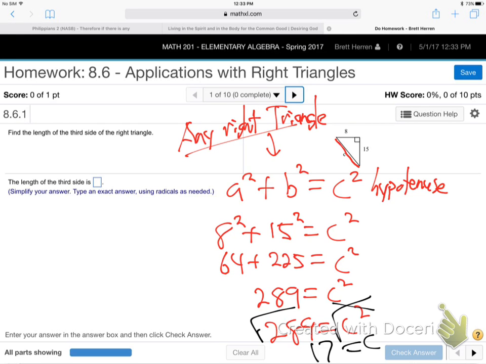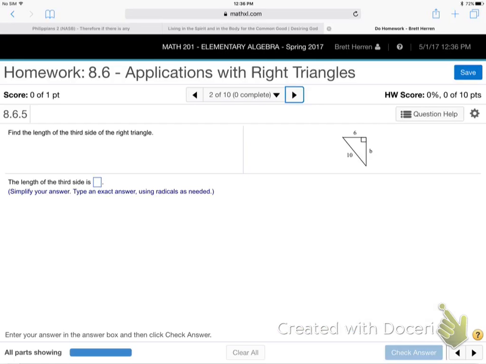All right, let's try now. All right, so try that one. You're trying to find B there. That's a B on the right side. Same formula.